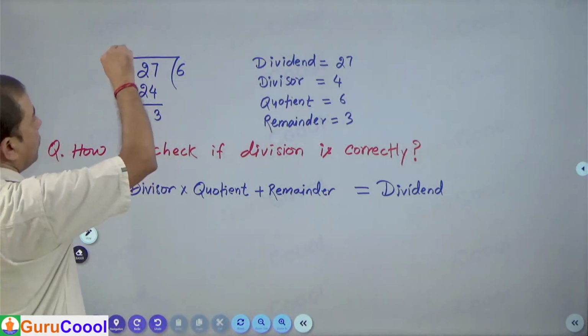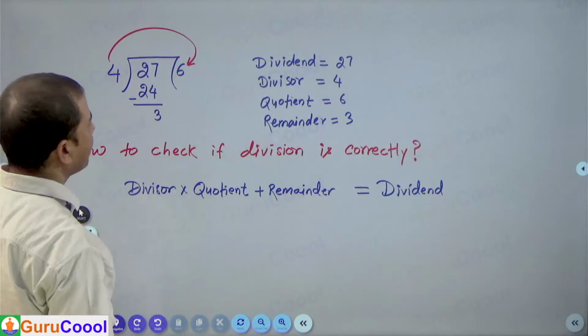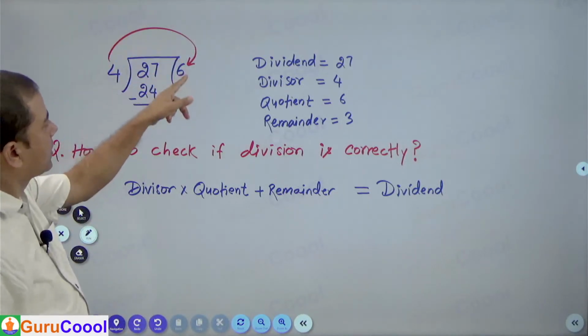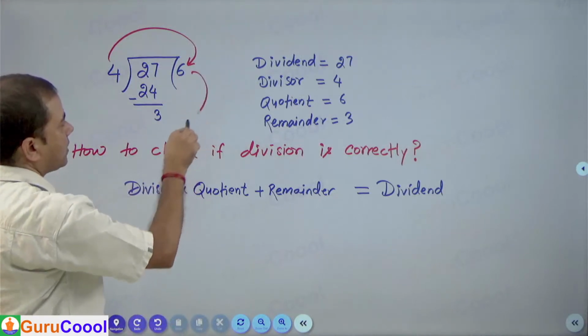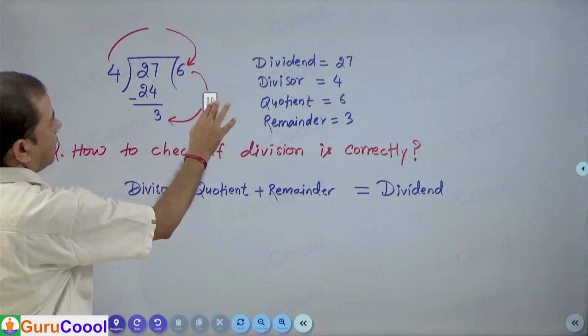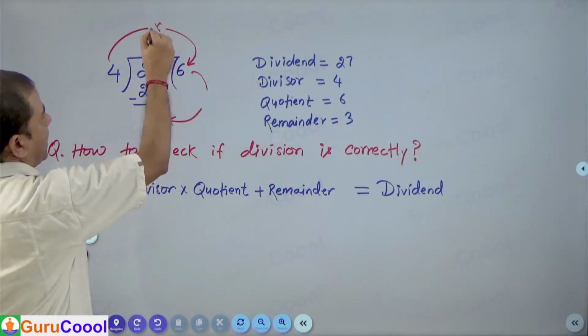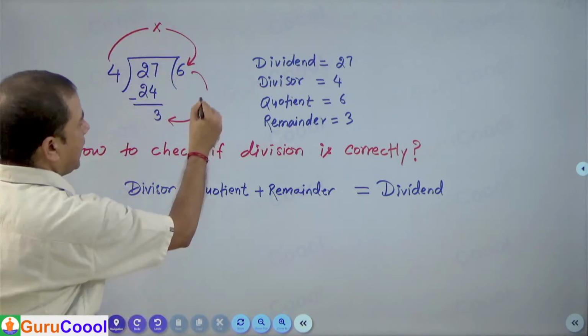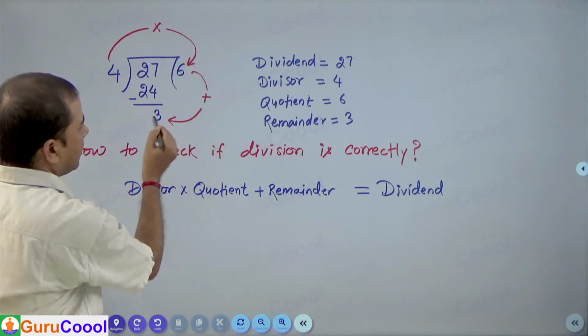Means 4 times 6. Divisor into quotient, 4 times 6, and then plus remainder. Did you get the way? Multiply divisor with quotient and then add the result with remainder.